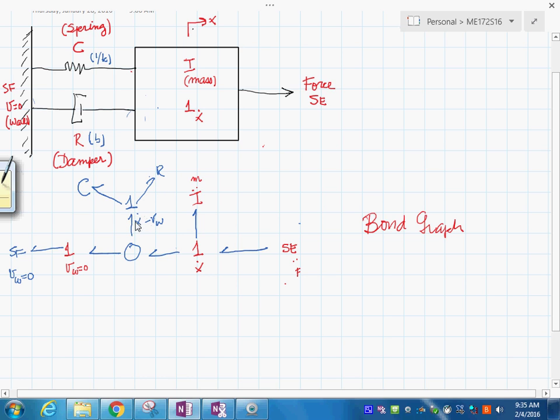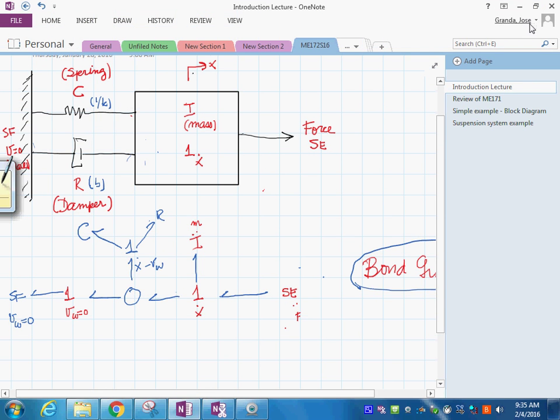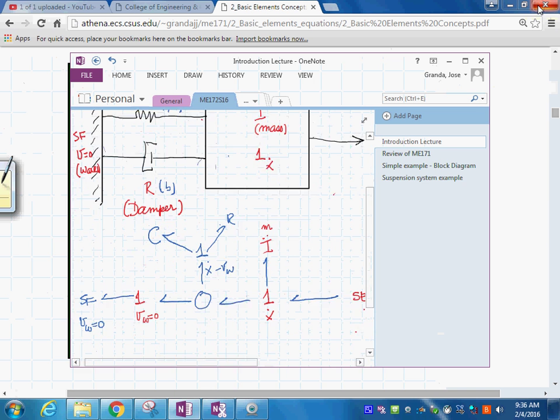And that's the end of this. We have, in fact, created a bond graph model that can actually be used in Simulink. This is how we represent the system. Now let's try to do the simulation with this bond graph model, and we'll see.